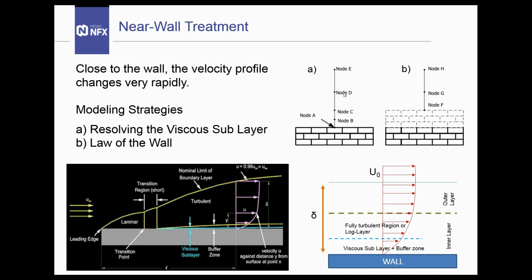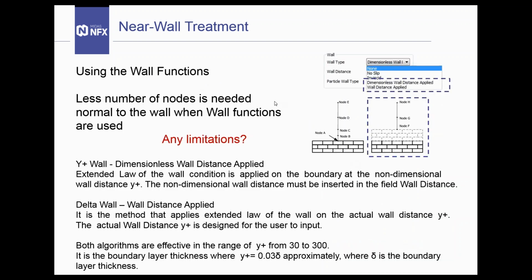So what are we doing? We are simply generating a mesh with denser nodes in the direction normal to the wall. And the second technique is the usage of the law of the wall. So on the next slide, what are the options we have inside midas NFX?